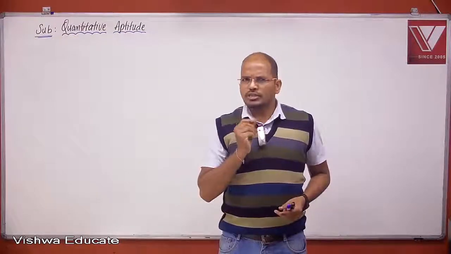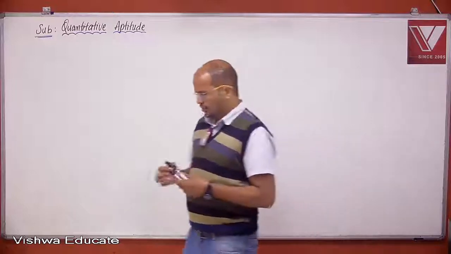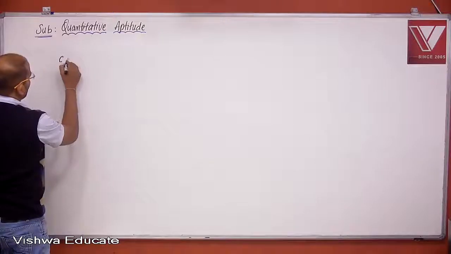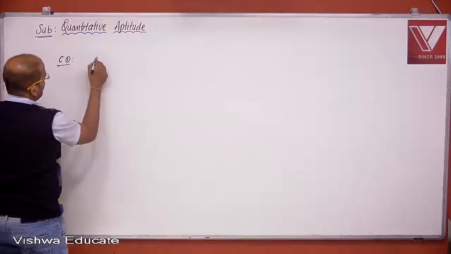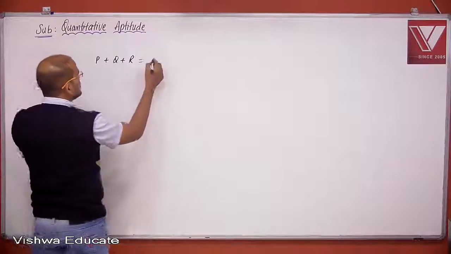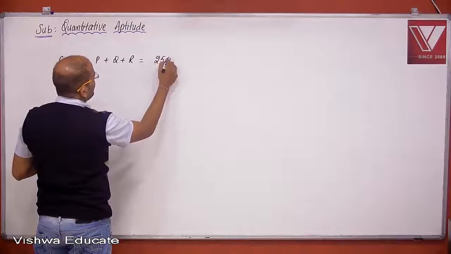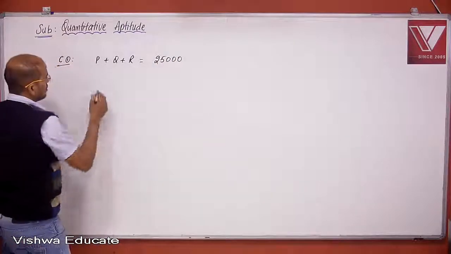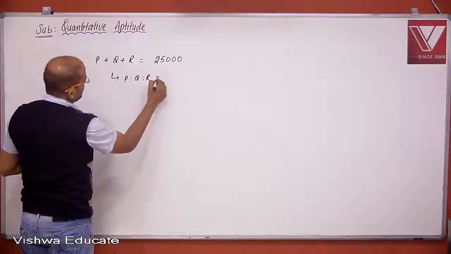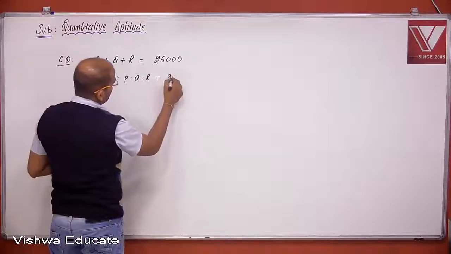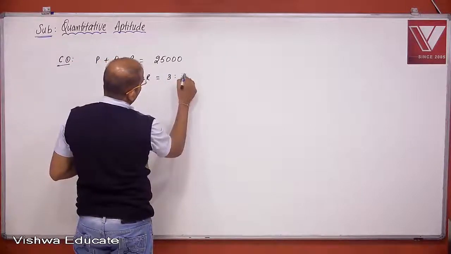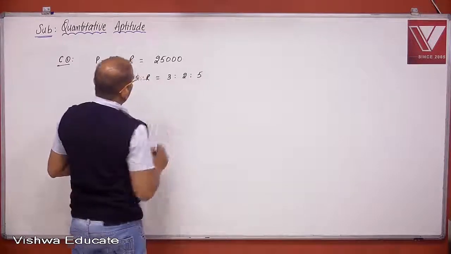Let us do some small examples. P plus Q plus R is some 25 thousands. P is to Q is to R is some 3 is to 2 is to 5.